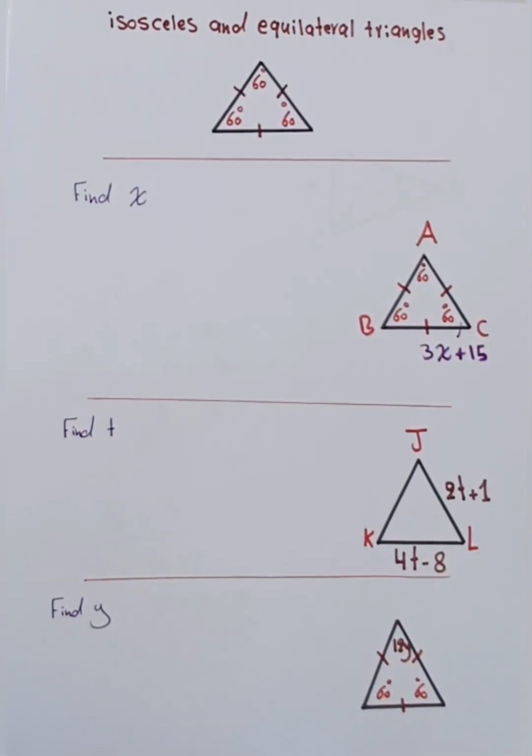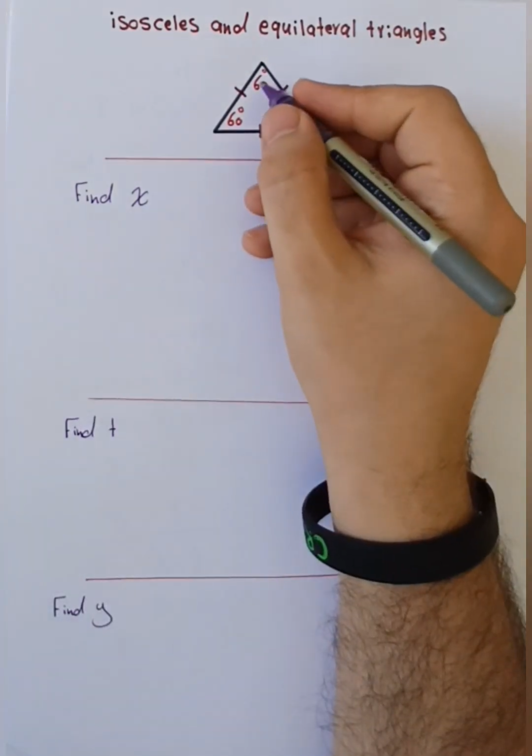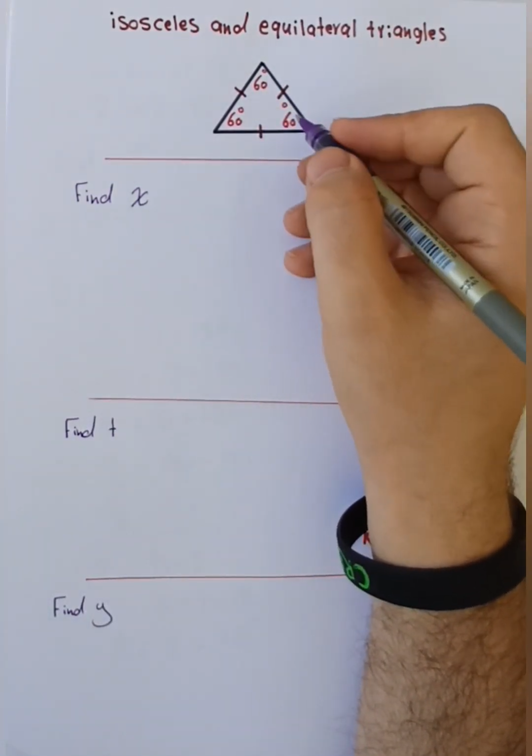After that, in the second part of this lesson, I'm going to talk about the properties of an equilateral triangle. In any equilateral triangle, the angles are all congruent. Always we have three angles in a triangle.